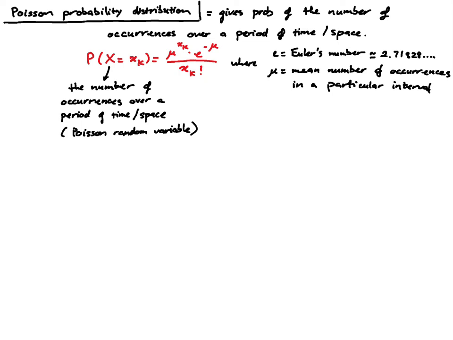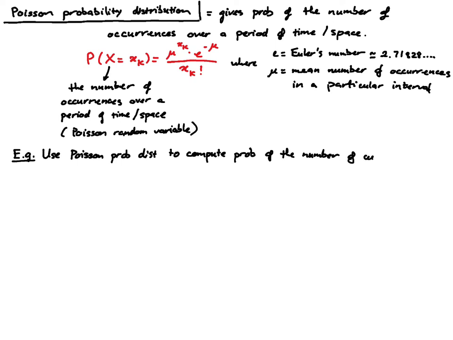So let's look at an example. We may use the Poisson probability distribution to compute the probability of the number of customers arriving at a restaurant in, let's say, an hour.